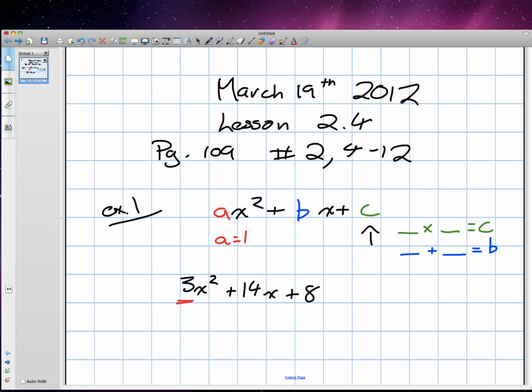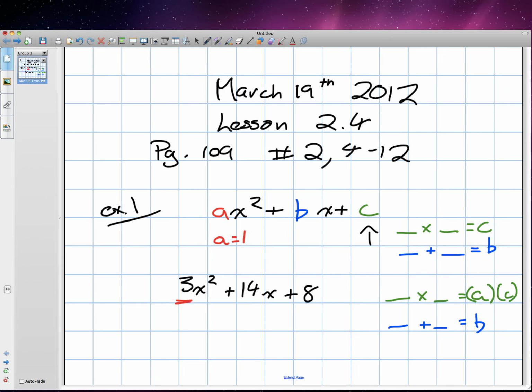Now there is a trick that is very similar to that. You can find two numbers that multiply to a times c, and those two numbers both need to add to our b term in the middle. But I'm not going to show you that method. We're going to go through a different method in order to solve this. If you have seen that method before and you're more comfortable with it, that's 100% fine.